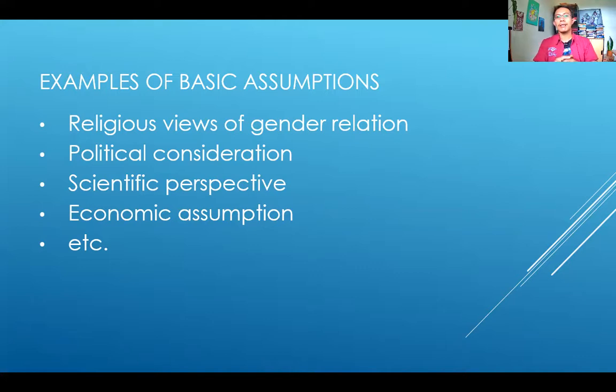However, other governments, they do not use fully scientific perspectives. They might also consider economic perspectives, as their country is not rich enough to be able to provide everyone with food if there is a lockdown. So what they do is they make restrictions so that people's movement can be restricted, limited, but some people can still work because otherwise they cannot get anything to eat, right? So that's an example of a basic assumption in social life.